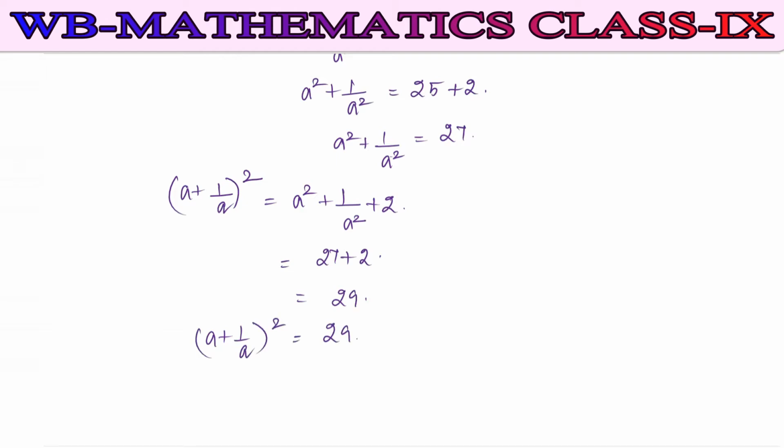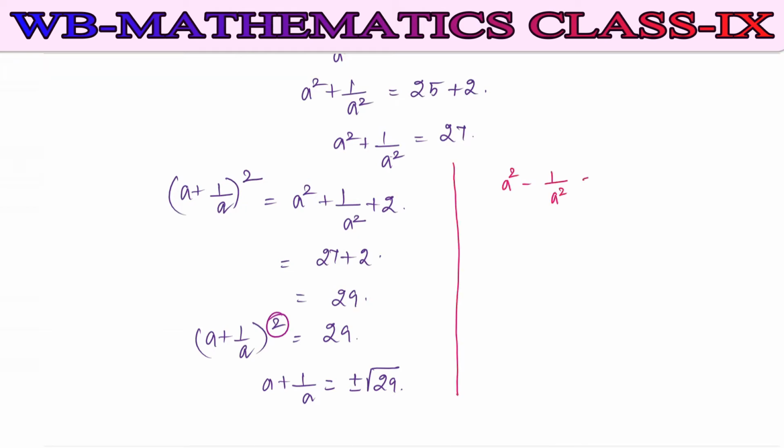When you are shifting this square to the opposite side, it will become square root. So I can write a plus 1 by a is equal to plus or minus root 29. Now we need to find a square minus 1 by a square.